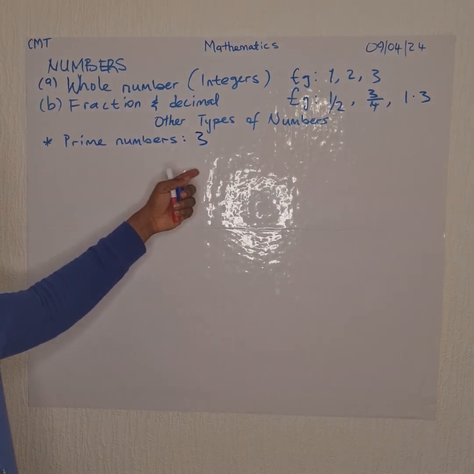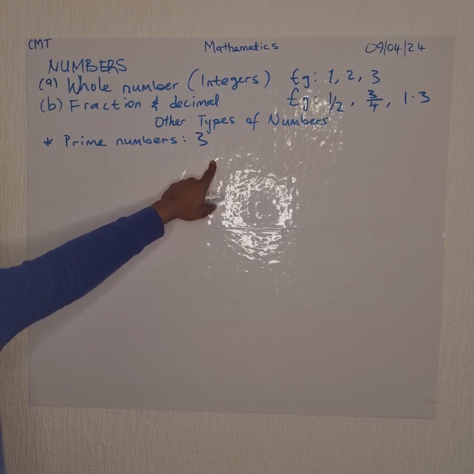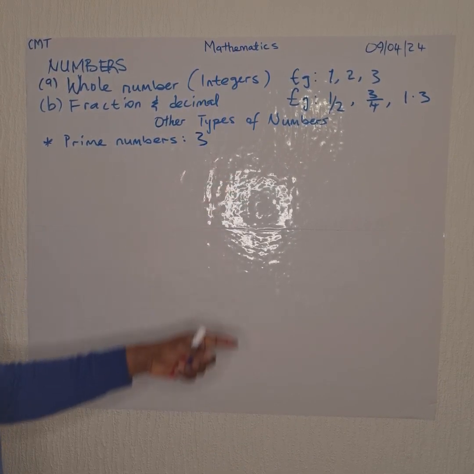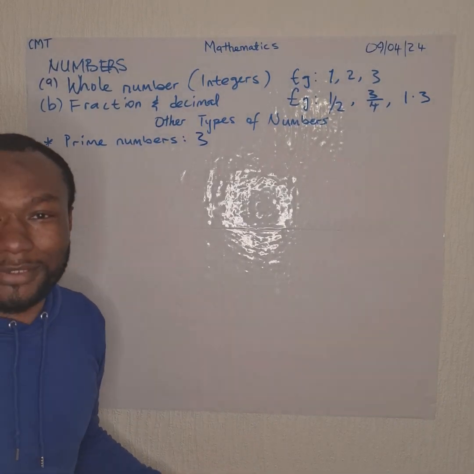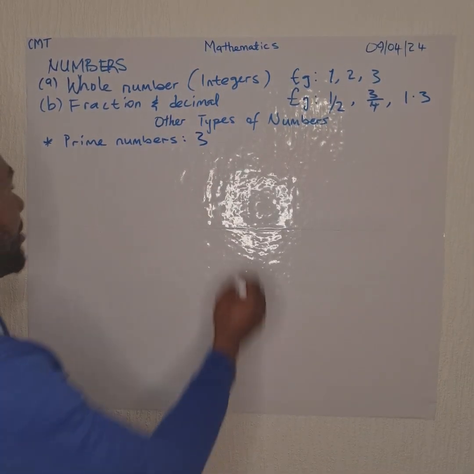So itself and 1. Give me what numbers can multiply and give me 3, excluding itself and 1. No other numbers. Therefore, 3 is a prime number.